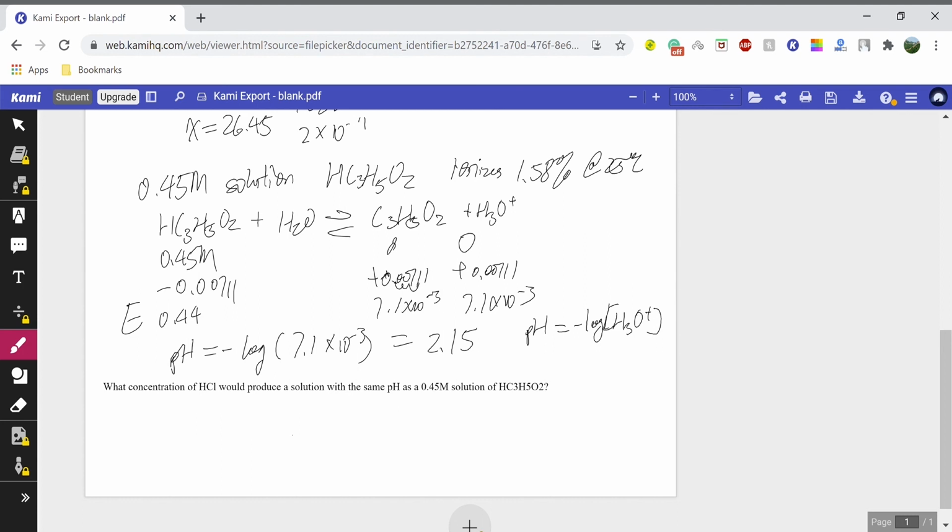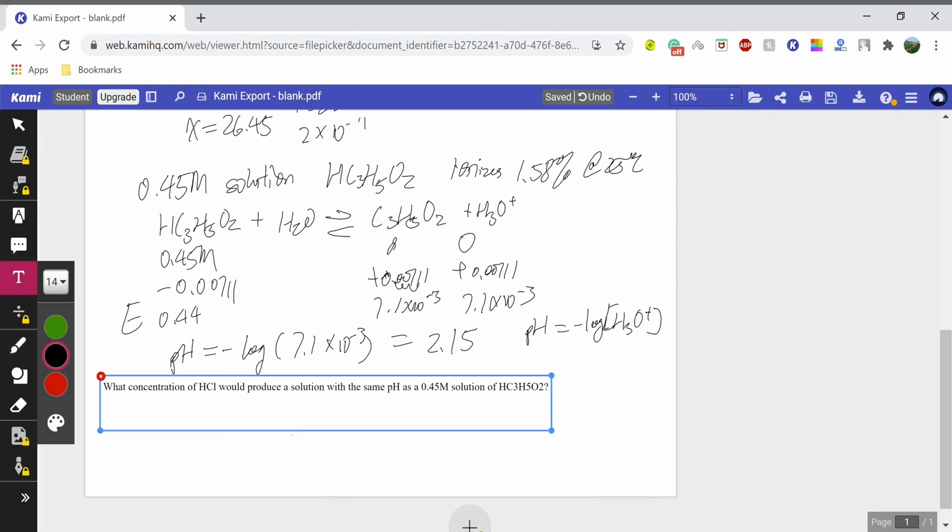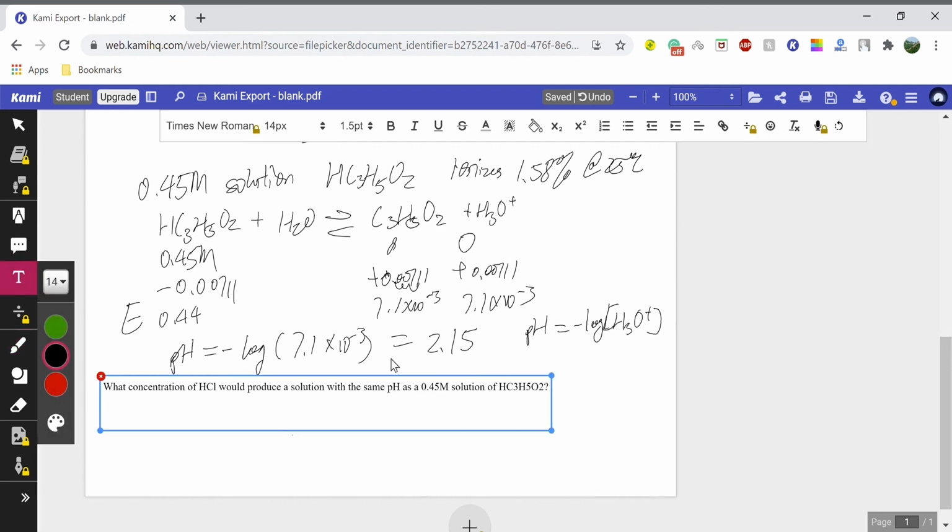Since a strong acid like HCl ionizes completely in water, we only need the number of H3O plus to equal the number of moles of HCl that we need. So the answer will be 7.1 times 10 to the negative 3 molar, the concentration of HCl that we need.